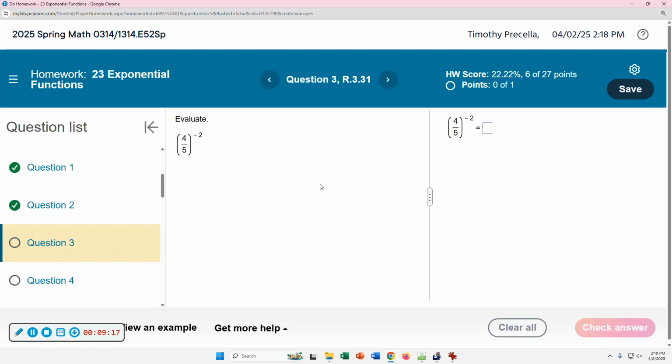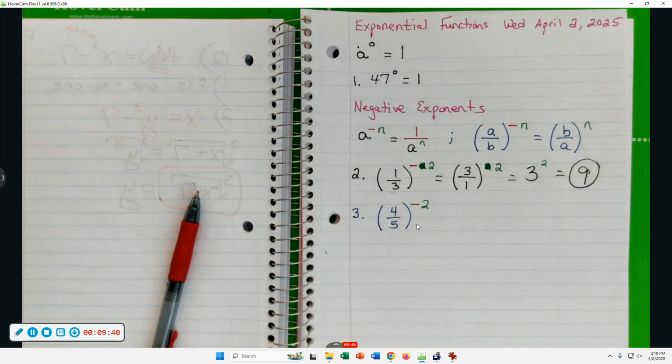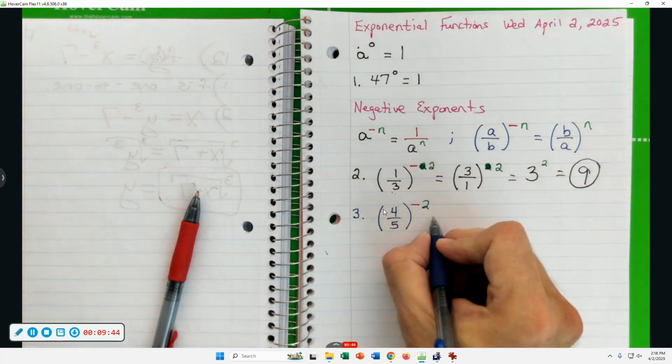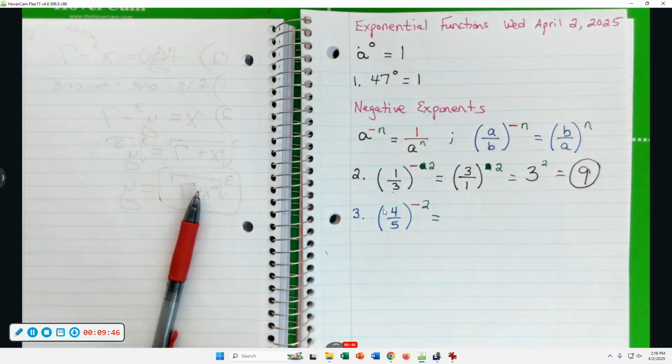Oh, here's a good one. This is problem 3. 4/5 to the negative 2 power. Let me see if I can write it correctly. Is this hard or not so hard?